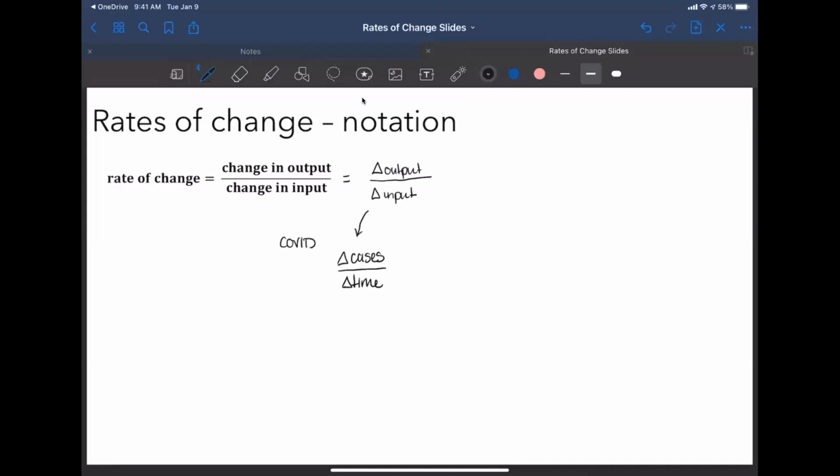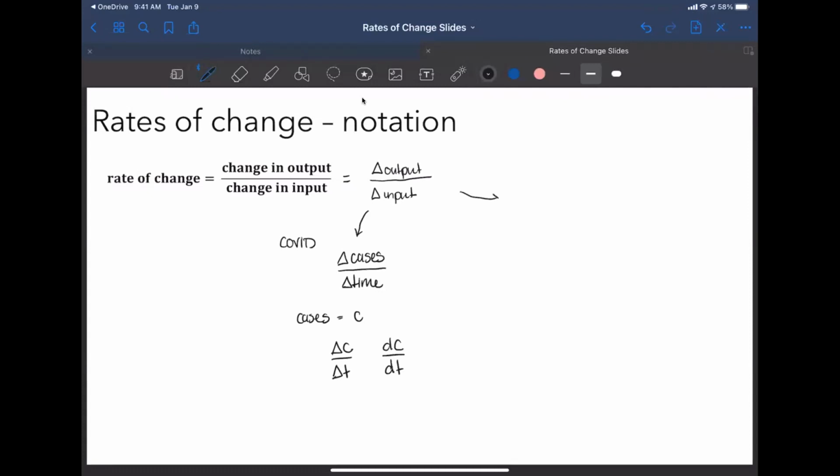If we say that cases is equal to lowercase c, we could write this as delta c over delta t, or dc/dt at a single point.